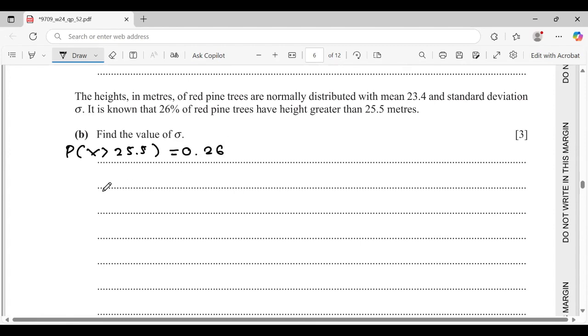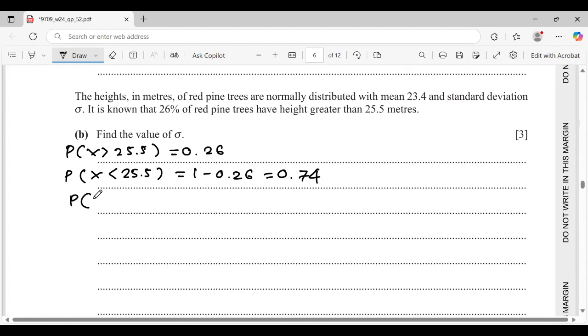is 0.26. So the probability x less than 25.5 is 1 minus this number, 0.26, which is 0.74. Look up the z-value corresponding to 0.74 in the standard normal distribution table.